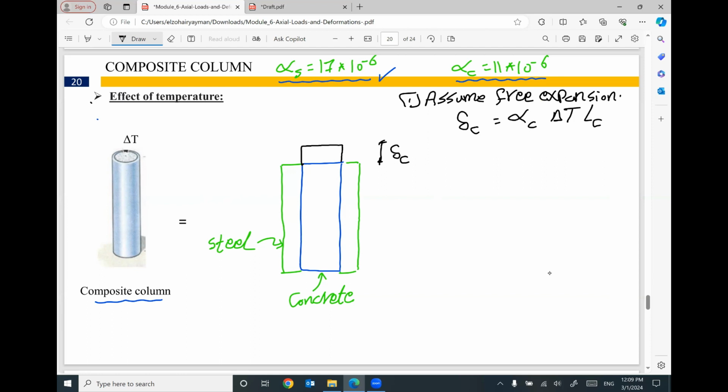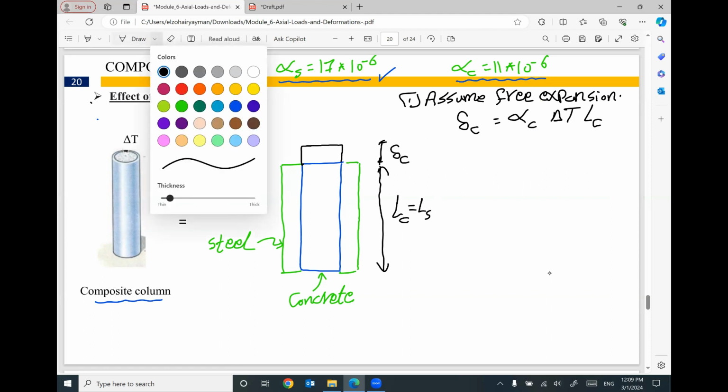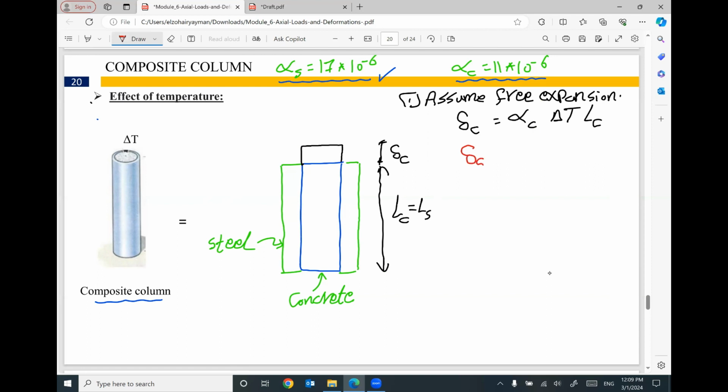And this free expansion for concrete will equal alpha of concrete, change of temperature, times length of concrete. And the length of concrete is this one, which equals the length of steel, by the way. Also, the steel will expand with the free amount, alpha steel, delta T, L steel.